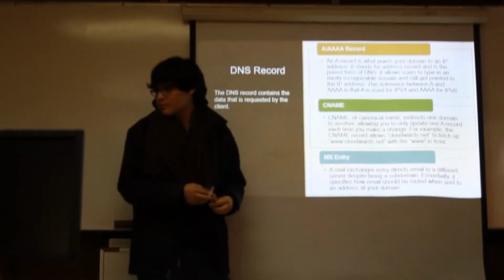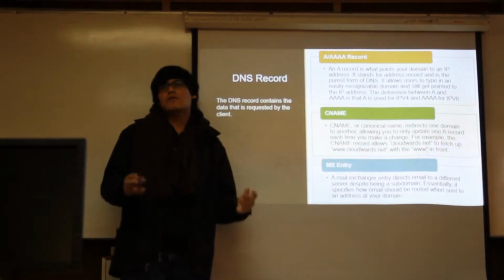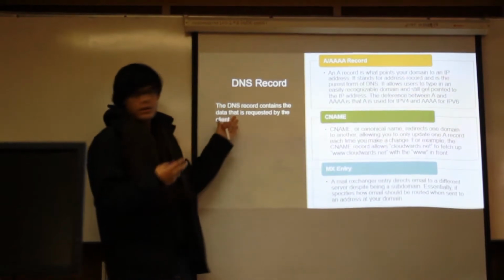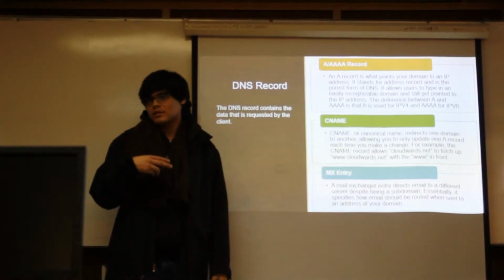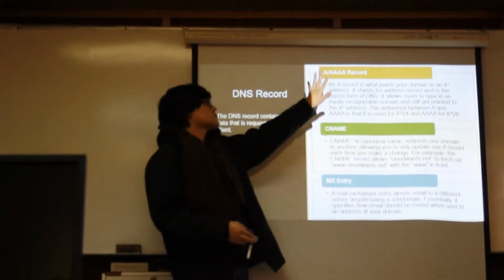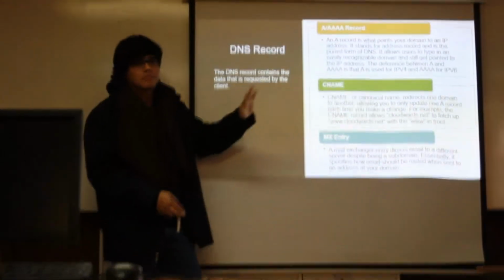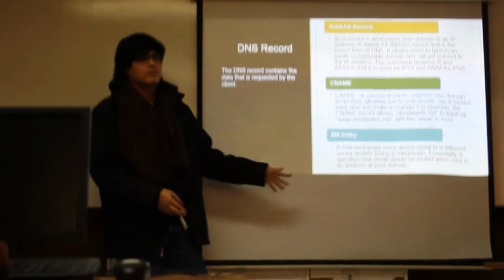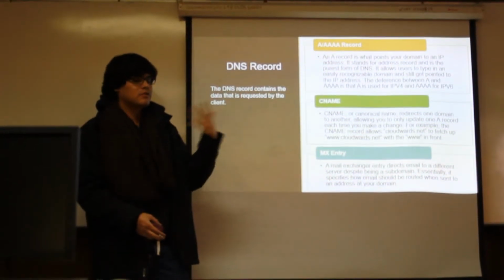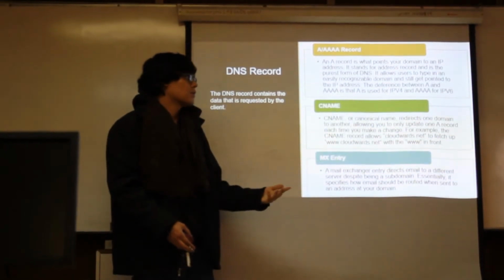It's a reference to the domain. Well, it's not itself a reference to the domain, but like I said before, it's the data that you requested from that record. So this is the most straightforward and simple record we can mention, because practically what DNS does is send you the IP address that you are searching for.